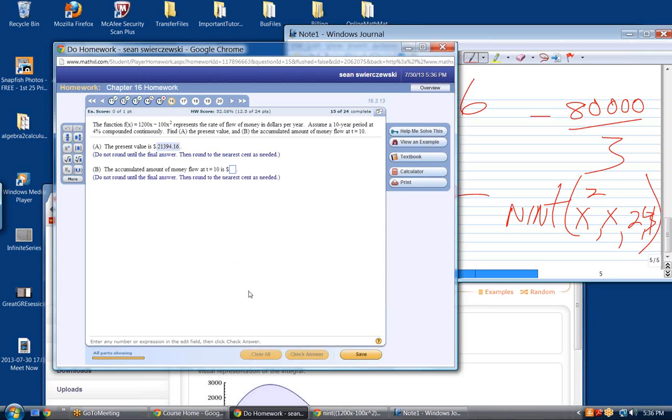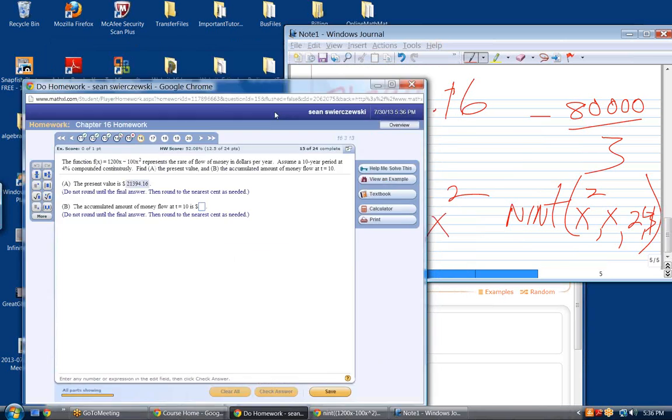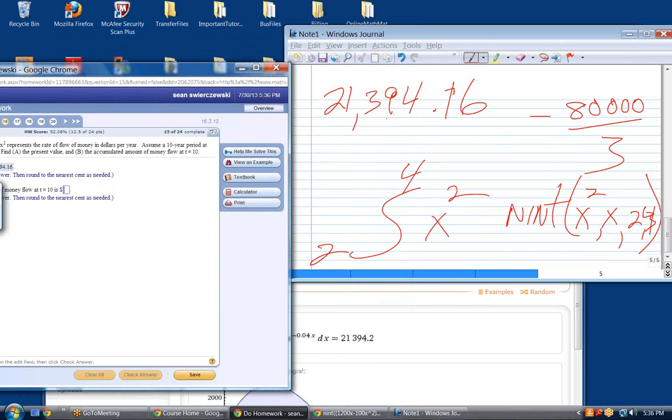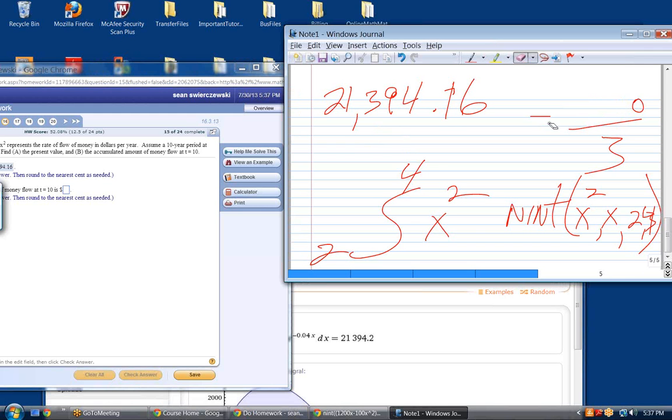Okay, so now to get the accumulated amount of money, we want that number times e to the RT. So I want to multiply this by e to the 0.4.